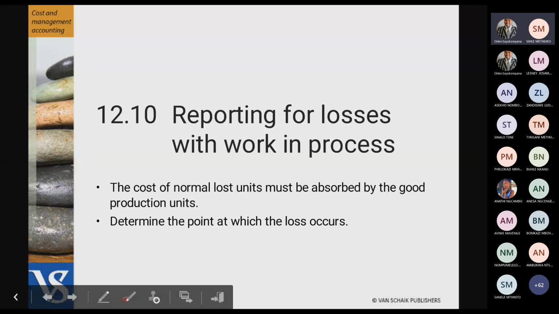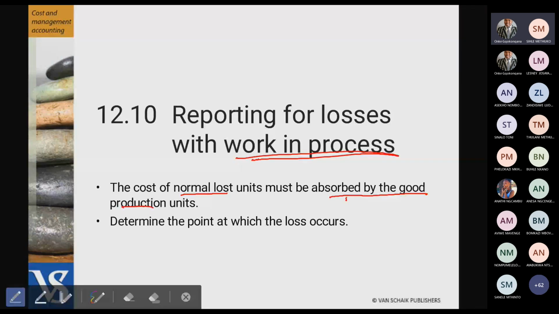This is the repetition. We've already talked about this: once you've got a normal loss in your production run, we don't allocate any cost to those units that we've lost. The cost of those units is going to be absorbed by your good units. So this is what they are saying here.